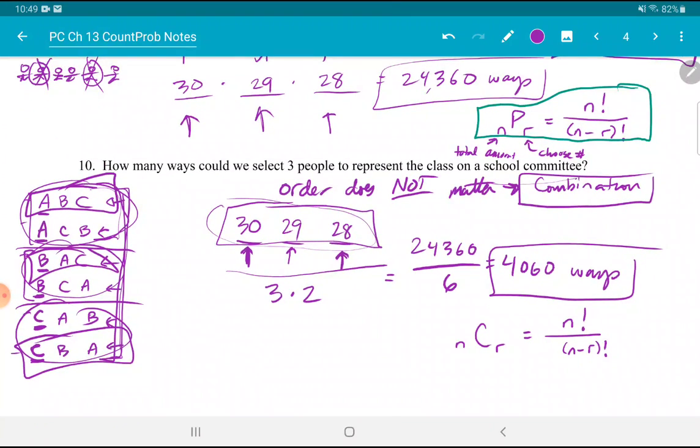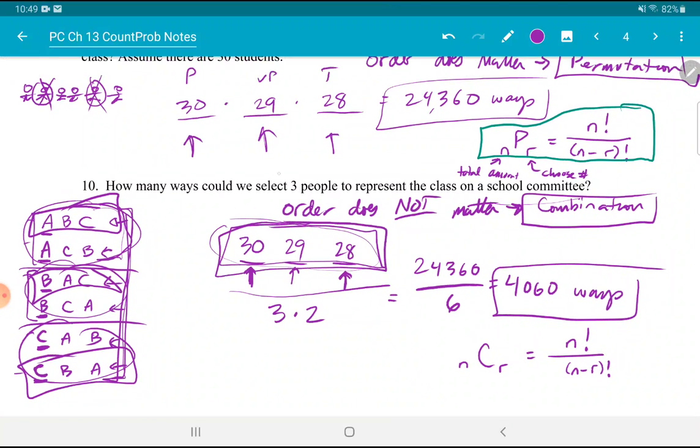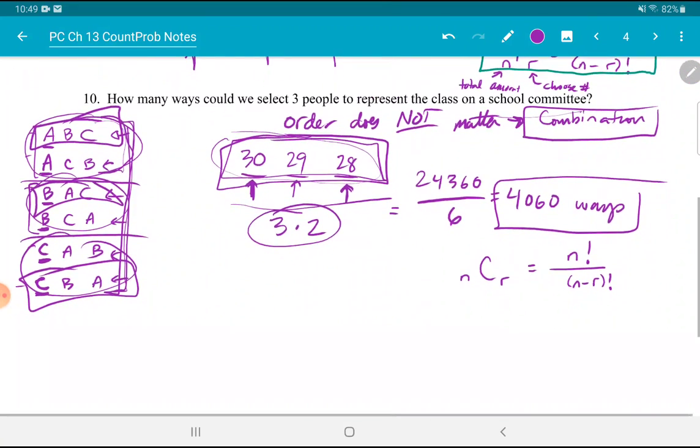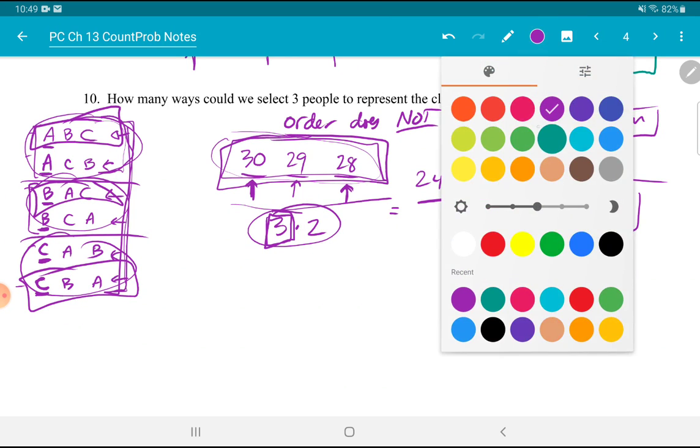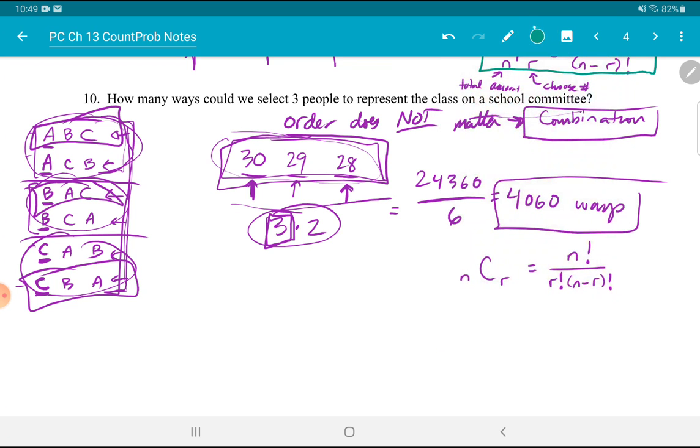You're still going to get that 30 times 29 times 28, which had occurred in a permutation. But now what we're doing is dividing it by something else as well, that 3 times 2. Where's that 3 times 2 coming from? You're actually dividing it by what's called the r factorial. Okay? Because remember, that's the number of items you're choosing. You can see you're choosing 3 items here.